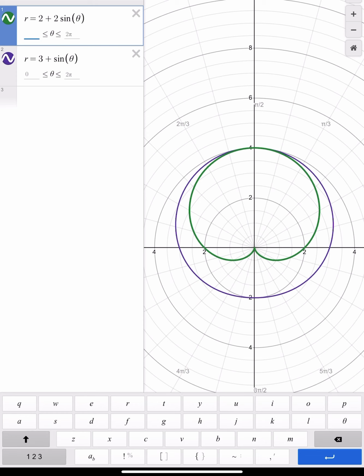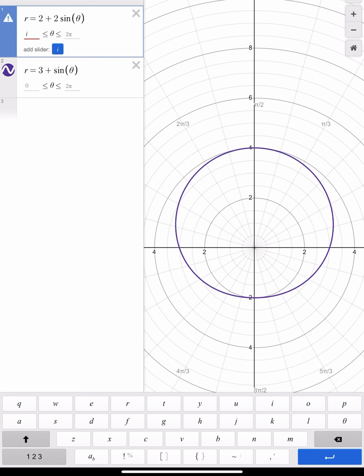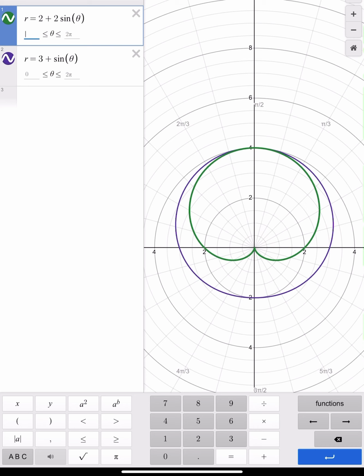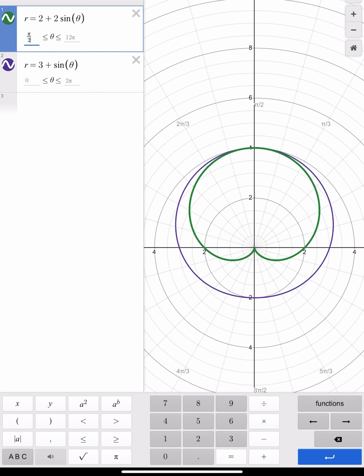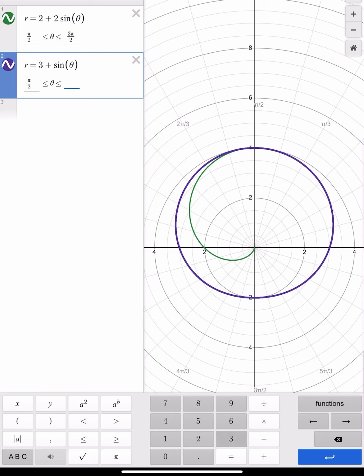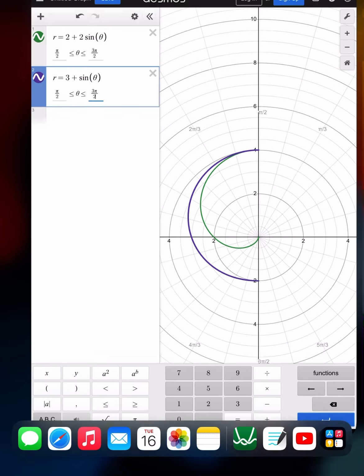If we were to add in that condition of pi over 2 to 3 pi over 2, we want the area between our two curves here. So we want that area between those two slices, almost like the moon.